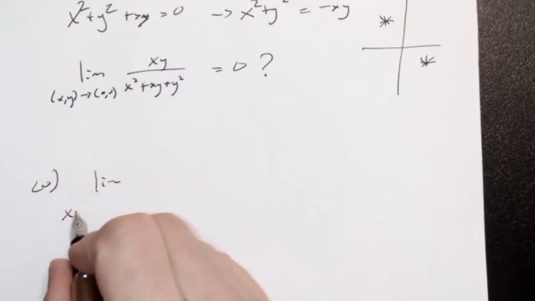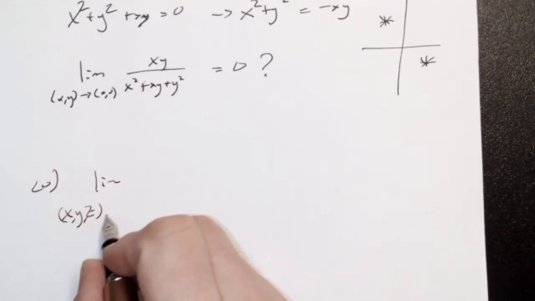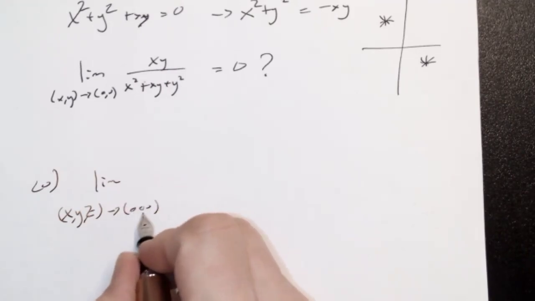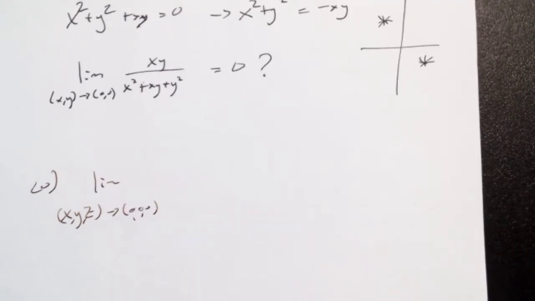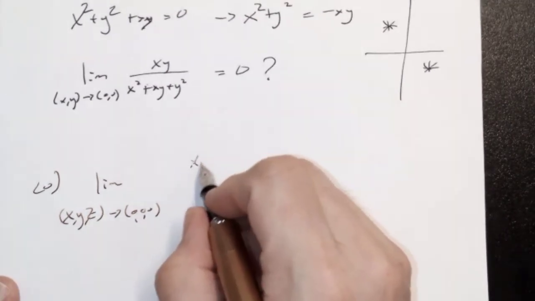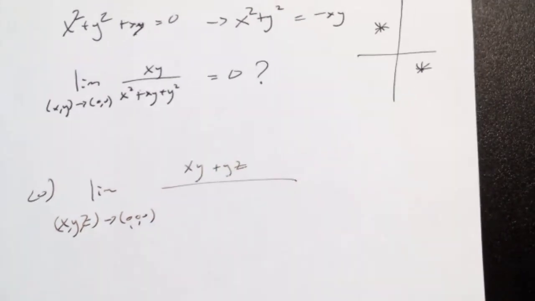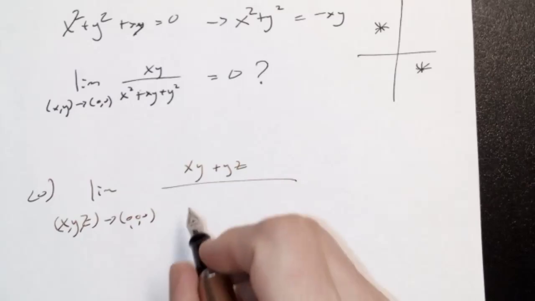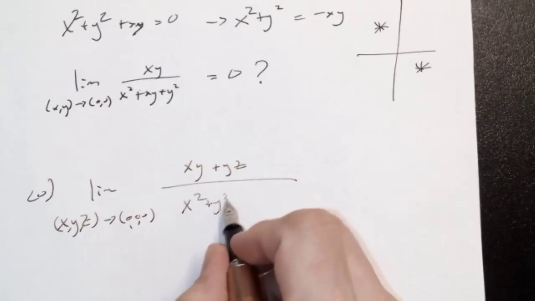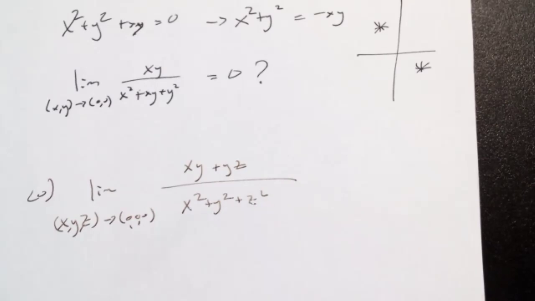Limit as x, y, z goes to 0, 0, 0 of xy plus yz over x squared plus y squared plus z squared. Compare that one with the one right above it.